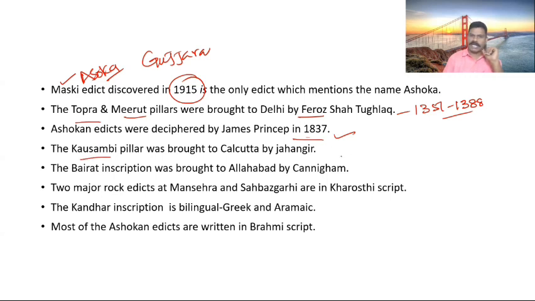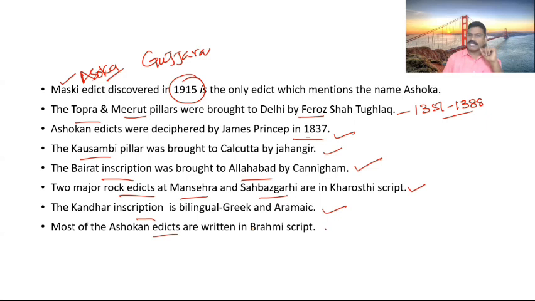The Kausambi pillar inscription, which we already discussed, was shifted to Calcutta by Jahangir. The Bairat inscription was brought to Allahabad by Cunningham. 2 major rock edicts, Mansehra and Shahbazgarhi, are in the Kharosthi script. Kandahar is bilingual, in Greek and Aramaic.